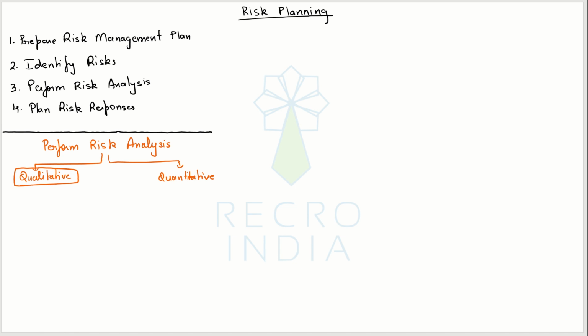When it comes to qualitative or quantitative, it doesn't matter, risk events are always associated with two primary characteristics. What is the probability of that risk happening, the chances of that risk occurring, and then what will be the impact if that risk happened.